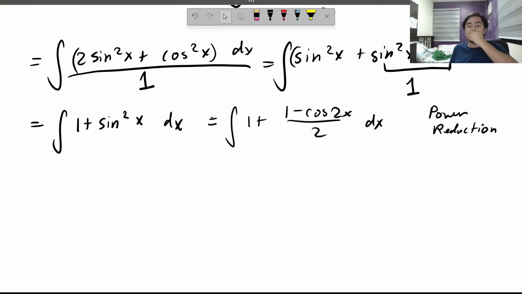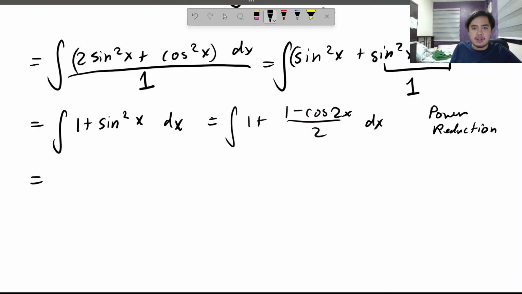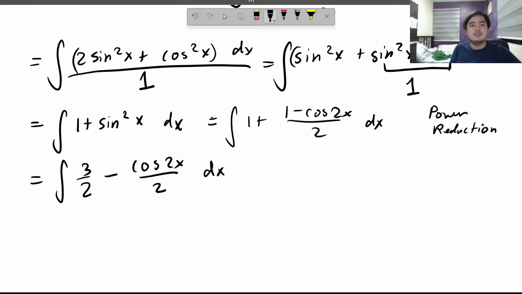So that's good. Let's just fix all of this. 1 plus 1 half. We can separate this into 1 half minus cosine 2x over 2. So 1 plus 1 half is 3 over 2, minus cosine 2x over 2. Now from here, we can just directly integrate this.